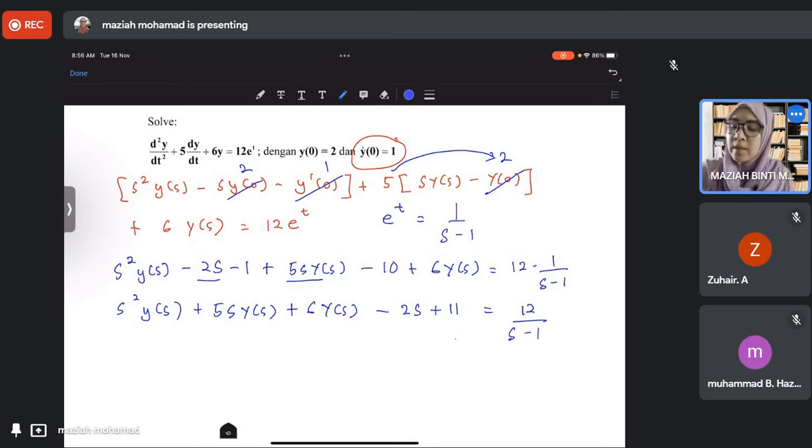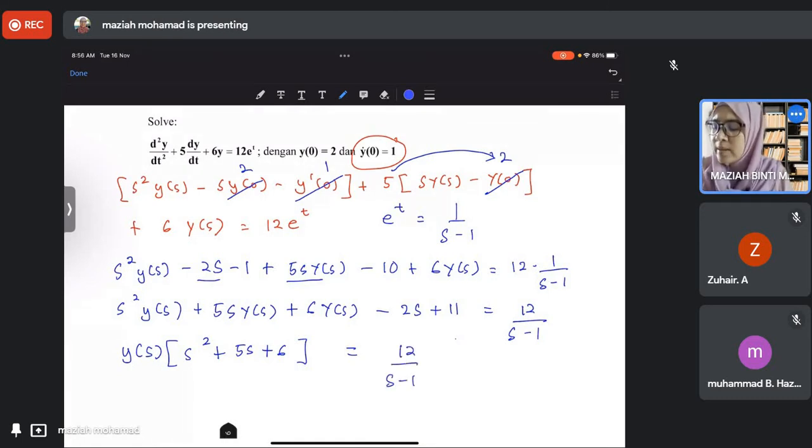Okay, so basically we're going to separate ys. So we factor ys, s square plus 5s plus 6, equal to 12 over s minus 1 plus 2s minus 11.